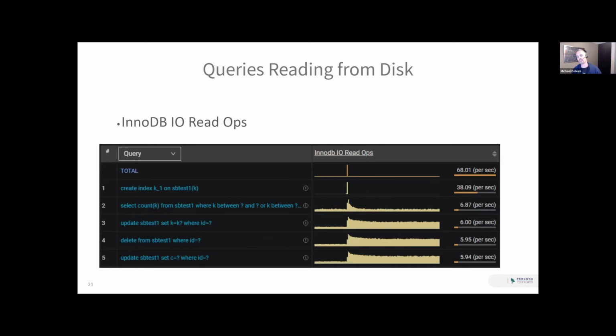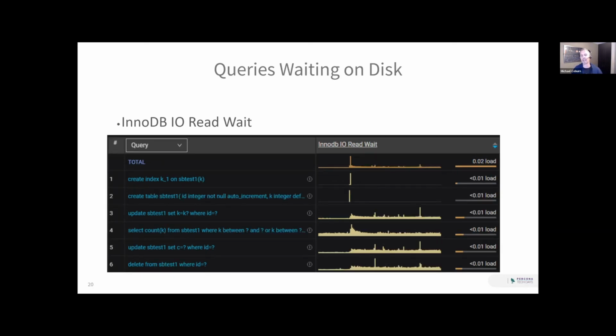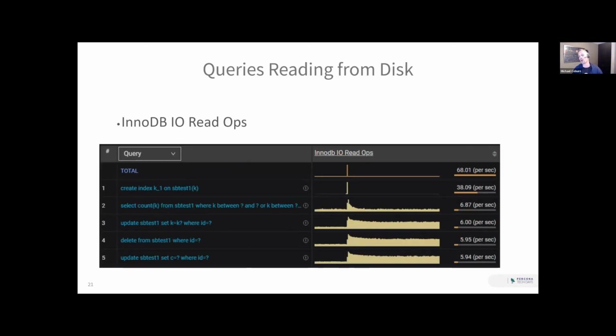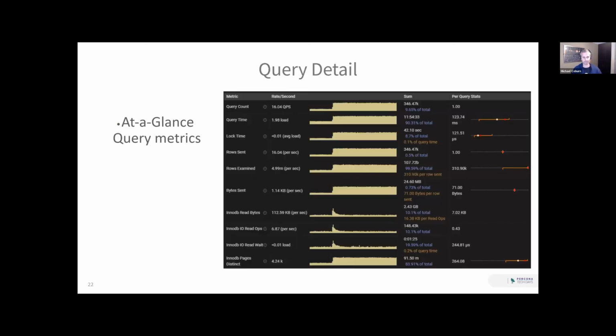I can get the number of reads that are occurring from another field called IO read ops. Okay, so a combination of read ops and read wait hint to you where disk has become a problem and which queries are impacted the most by your selection of disk technology, or maybe you need to buy more IOPS from your provider, etc. You've got a number of different options to move forward from. But first, these screens will educate you on which queries or which areas to look at first. In this case, we're talking about the IO.